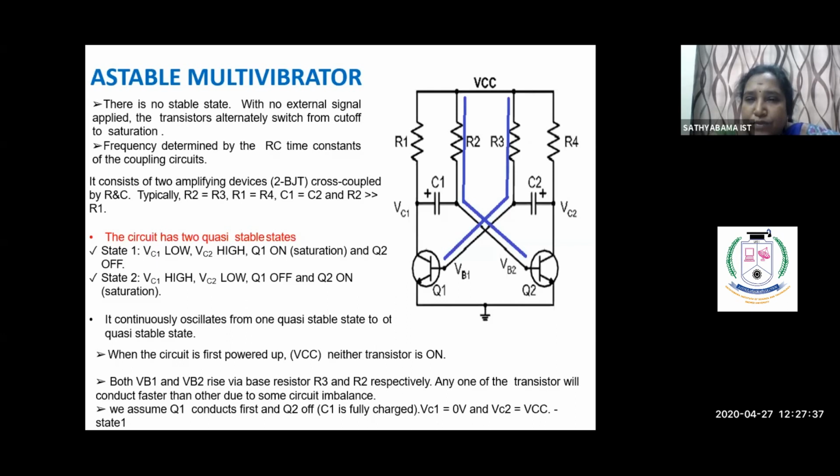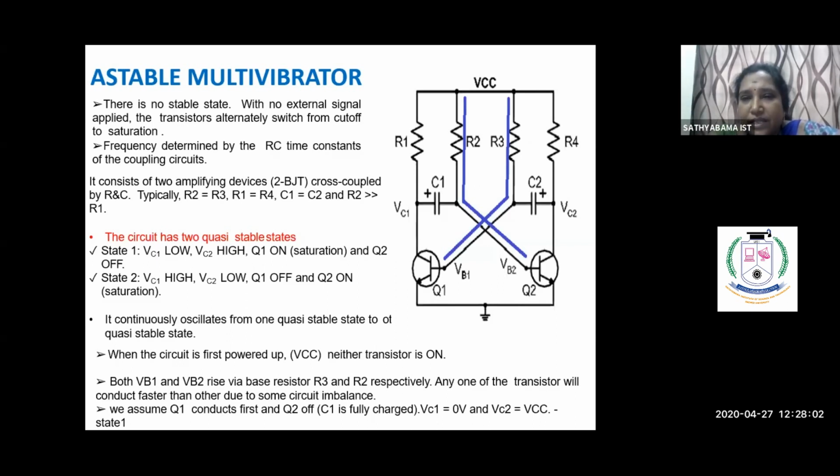Immediately the voltage flows through the circuit, and due to the imbalance in the circuit components, here we have connected resistors and capacitances, so due to this imbalance, any one of the transistors will be switched on and the other will be switched off.